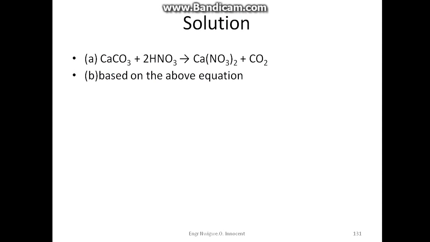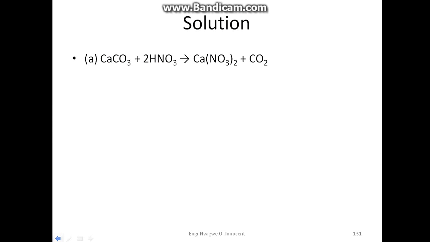Then if you check, your oxygen is balanced because you have 6 on the reactant and 6 oxygen in the product. We have 1 calcium at the reactant and 1 calcium at the product, and 2 hydrogen atoms at the reactant and 2 hydrogen atoms on the product.